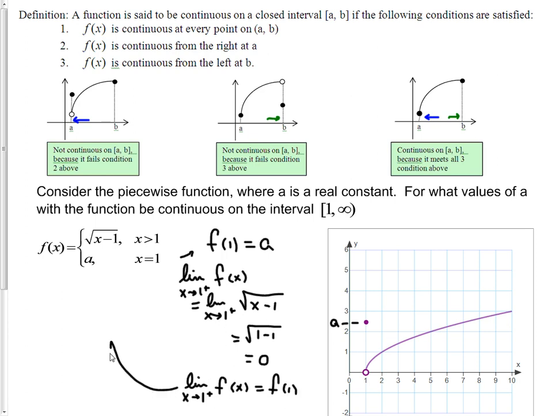Therefore, in order to make this function continuous, we have to say that the limit from the right, which was 0, is equal to a, and therefore this is only continuous if a is 0. Otherwise, it's not, right? So if we're looking at our value of a right over here, we'd have to make sure that our dot that defines it is, in fact, right in the place where we think it should be.